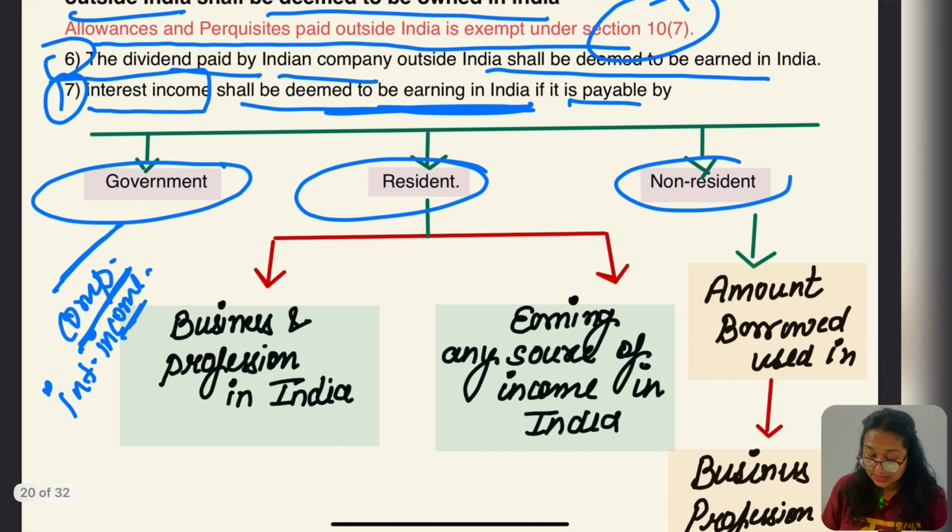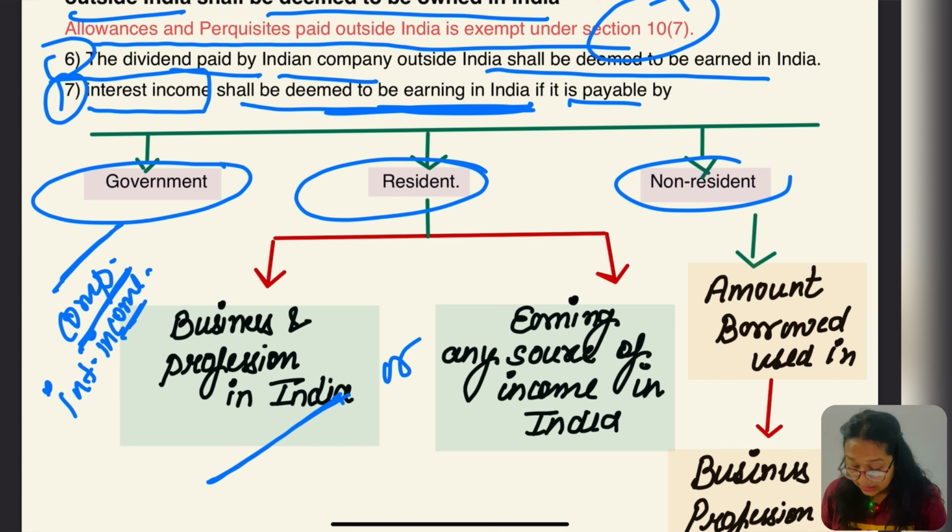Let's go for the resident, which says if the interest income is due to business or profession in India, or second, earning any source of income in India.